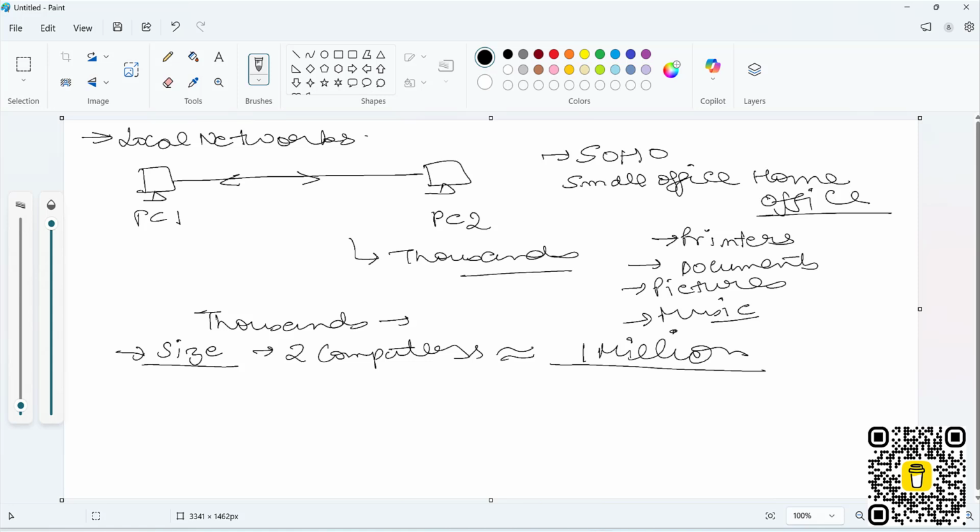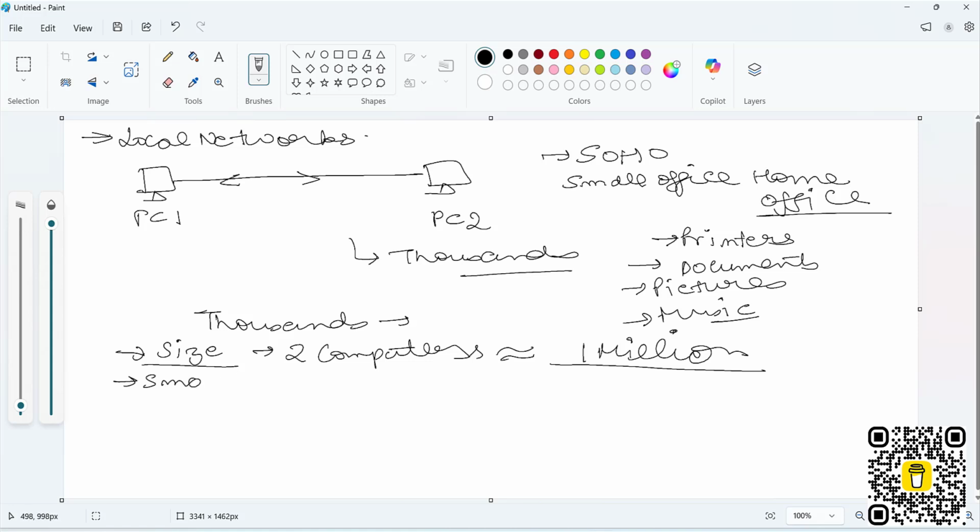The minimum is two computers, and there is basically no upper limit. It depends upon how we are designing our network, right? Hundreds, or maybe hundreds of thousands, or maybe even 1 million computers as well. So generally we divide a local network in these forms.